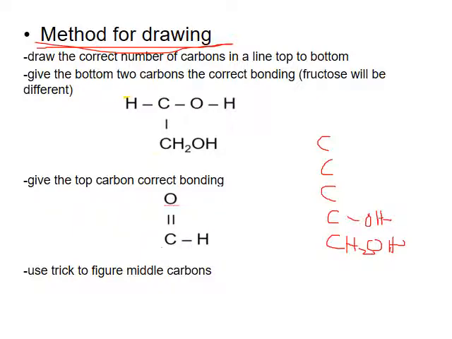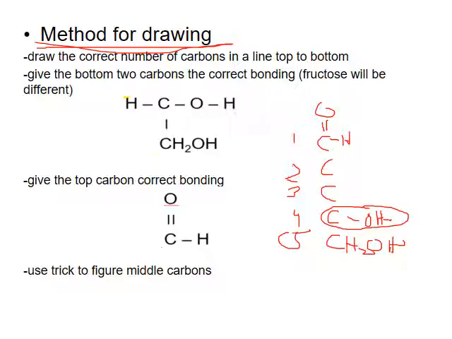And this is the chiral carbon. The second carbon up is the chiral carbon. The numbering of the carbons is 1 from the top to the bottom, 2, 3, 4, 5. And then the tops are all going to be the same except for fructose. So this is the beginning of our pentose.